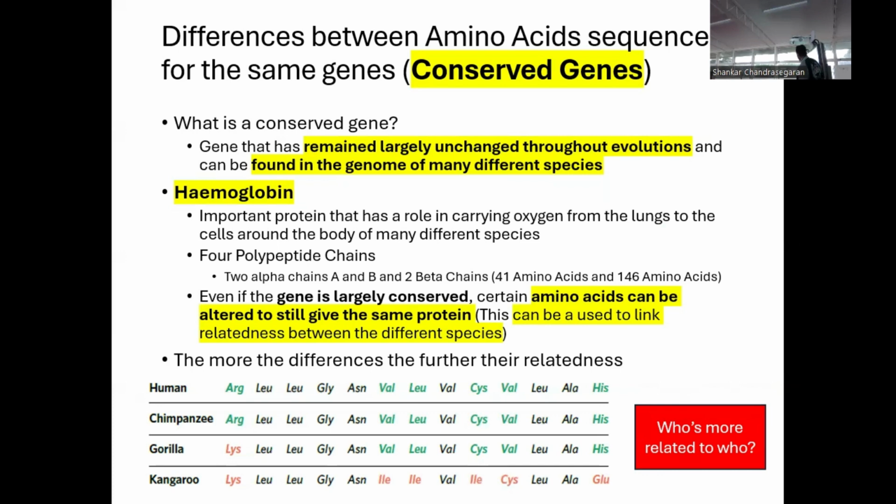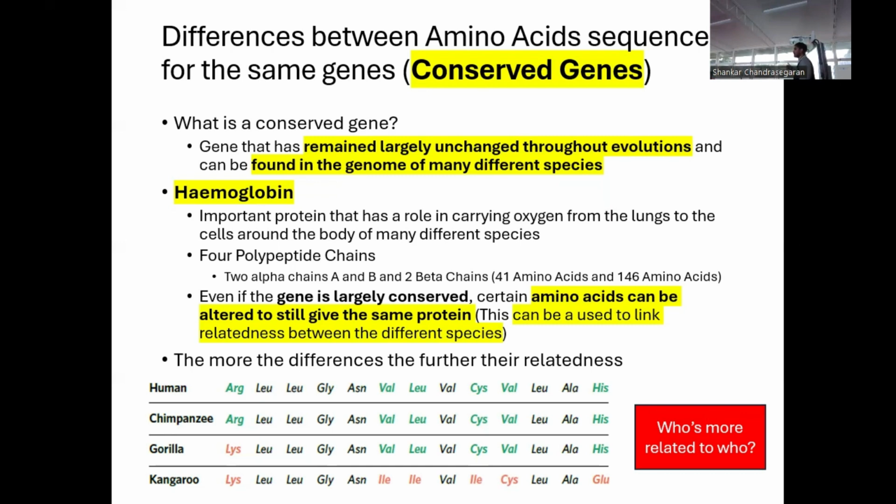We can also say that humans and gorillas are less related compared to chimpanzees, because you can see there are differences here and here between humans and gorillas. So that means there is a further relatedness compared to chimpanzees.